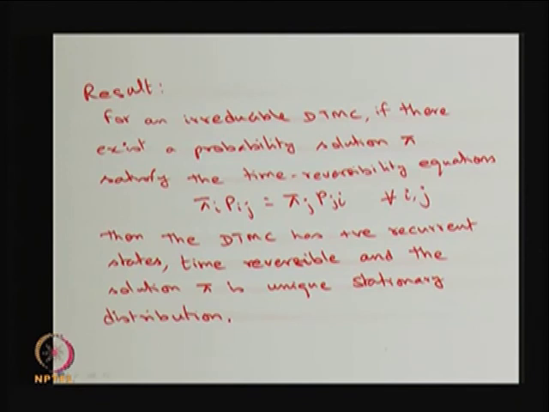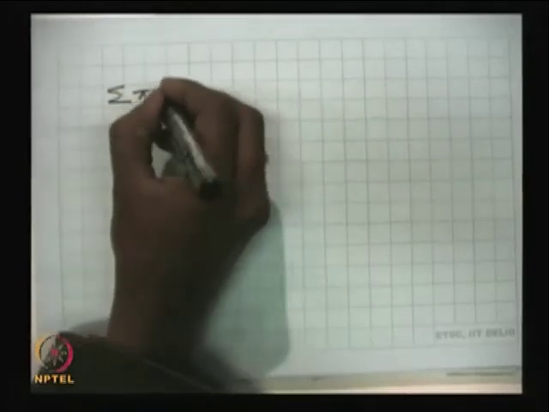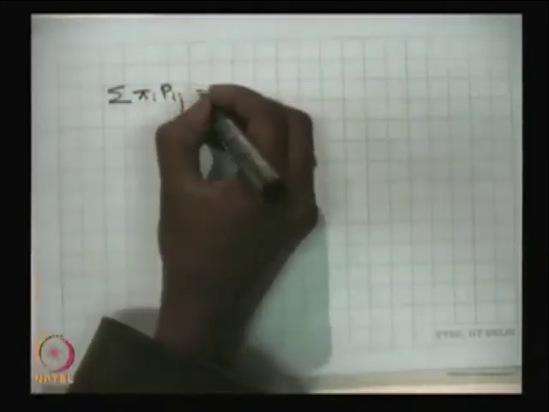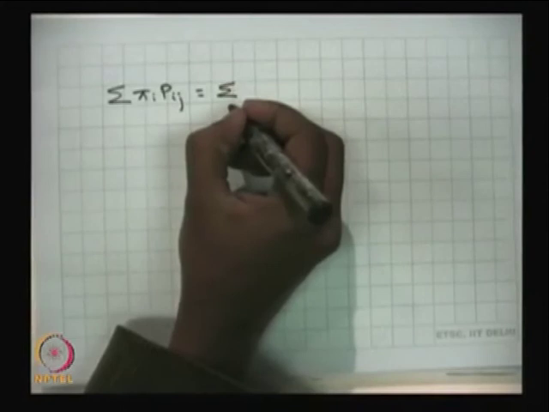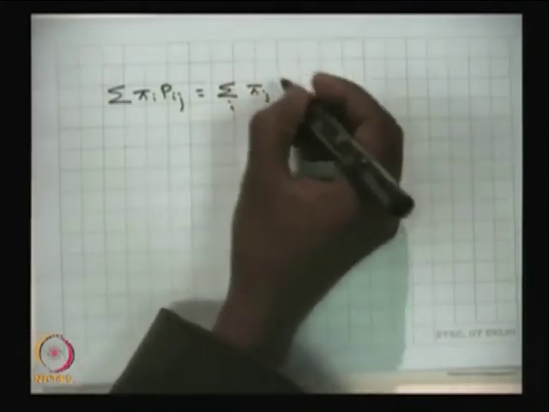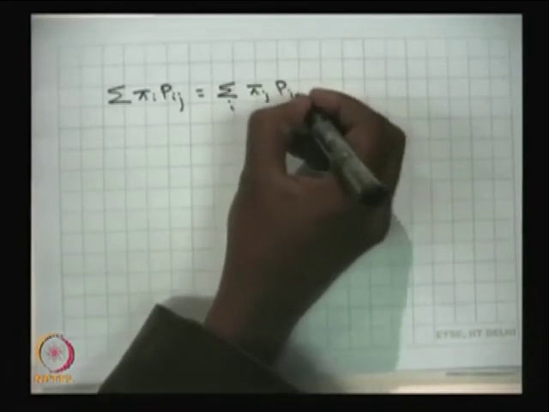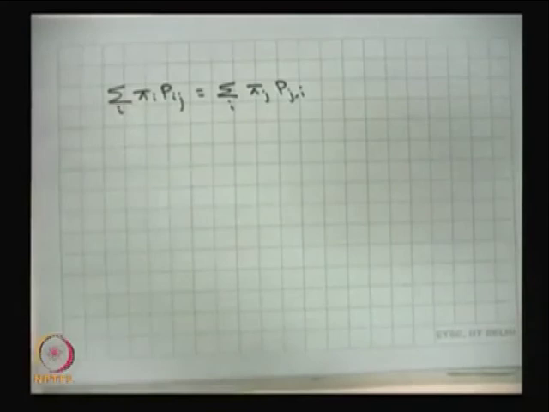So, that can be easily proved by taking summation of pi i p i j, that is same as summation over i of pi j p j i, because it satisfies the time reversibility equation.